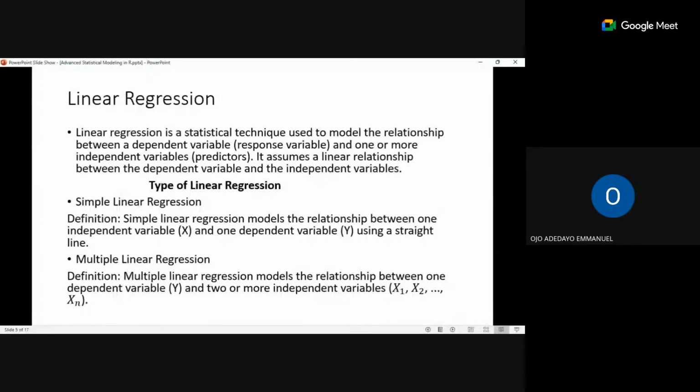So immediately you have 2 or more independent variables, you can no longer use the simple linear regression, but we're going to use the multiple linear regression, because we have more than one independent variable.